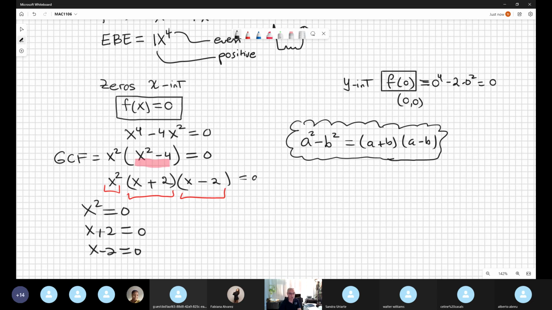Now the conclusion is, it's obvious that x is 0, another x is negative 2, and another x is positive 2. But actually the important thing is, look, the degree of the original polynomial is 4. And when the degree is 4, we have 4 solutions always.